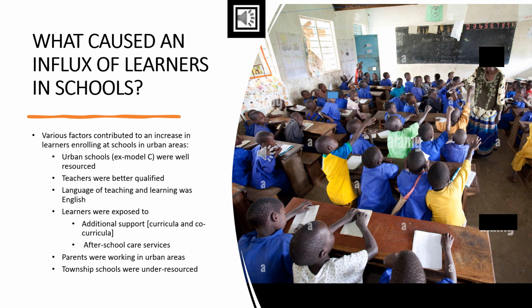Furthermore, it was found that in the urban areas, learners were exposed to additional support, especially curricular and co-curricular activities. There were after-school care services that were being provided to learners. Most parents were also working in the urban areas and therefore found that enrolling their children in urban schools was a priority.